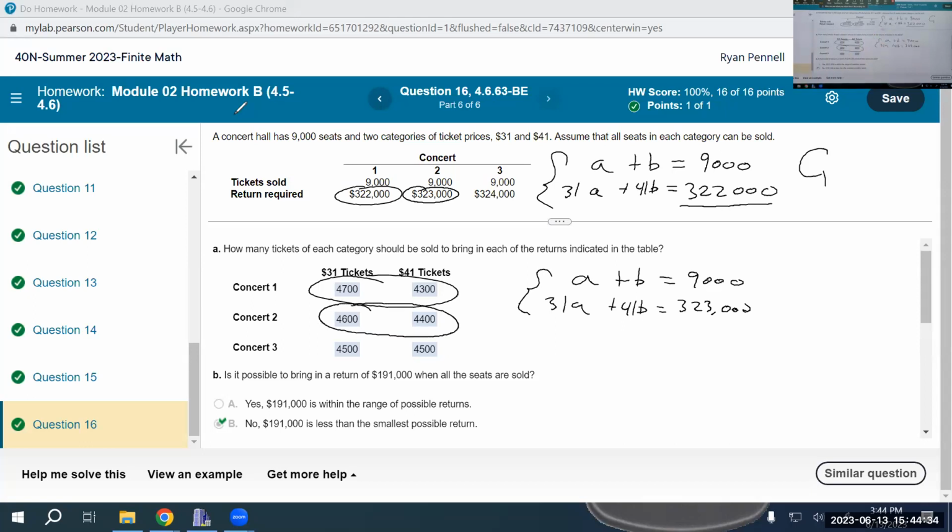We can use all the various techniques, the technique of your choice, to solve that. And then the third one is pretty much the same. So I have A plus B equals 1,000, 31A plus 41B.